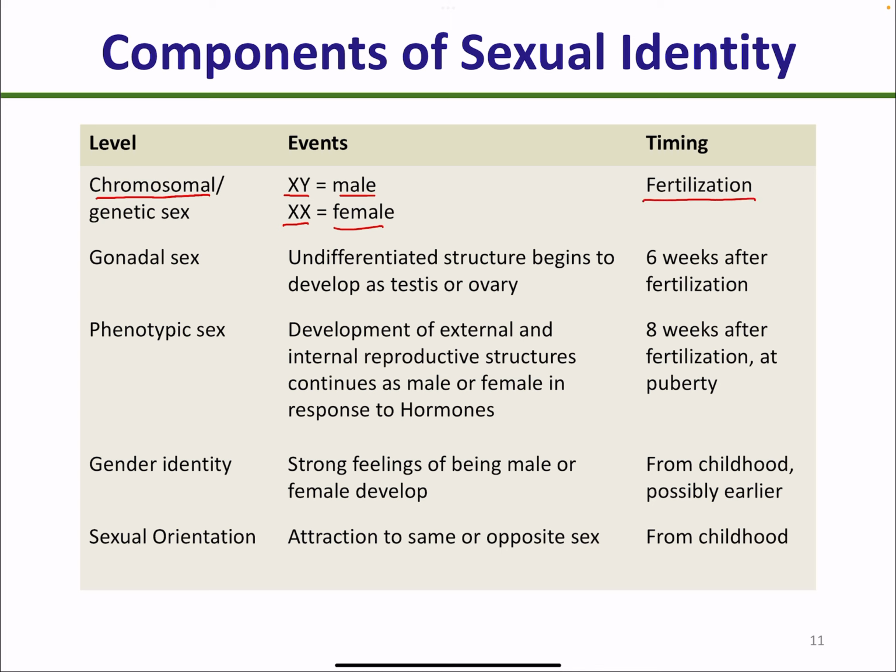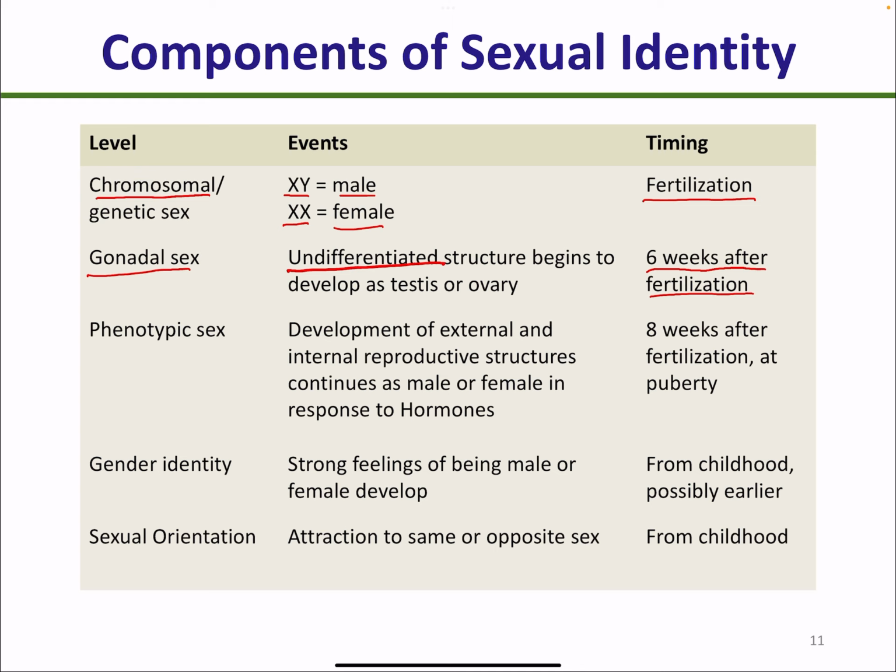The gonadal sex is going to be undifferentiated until some point in the development of the embryo. And then beyond a certain point, so after 6 weeks, we are going to see some differentiation developing.